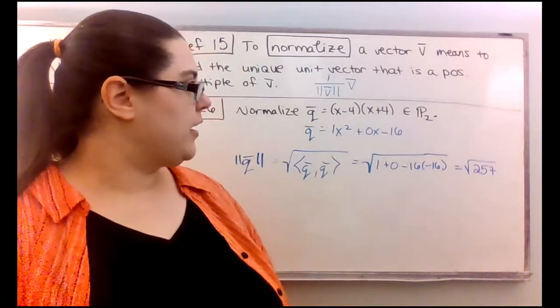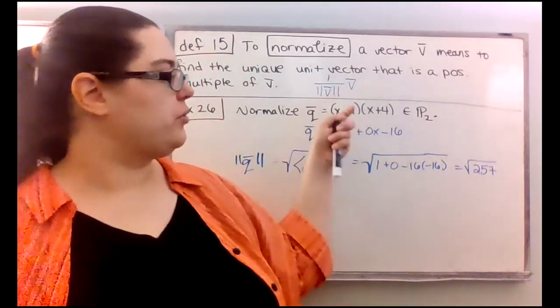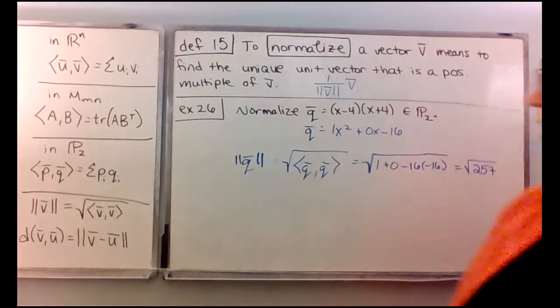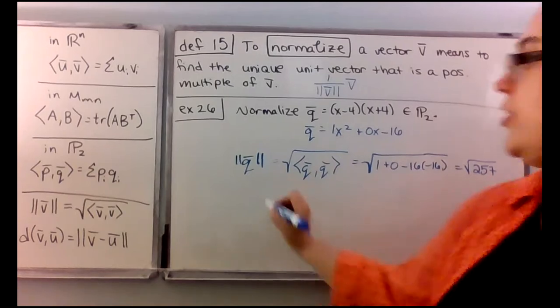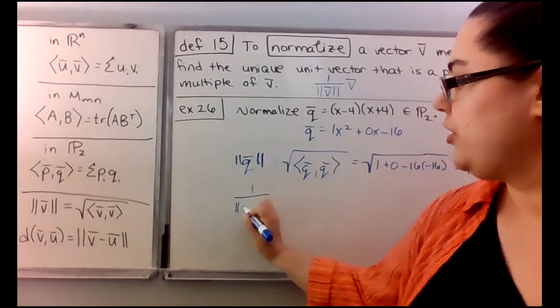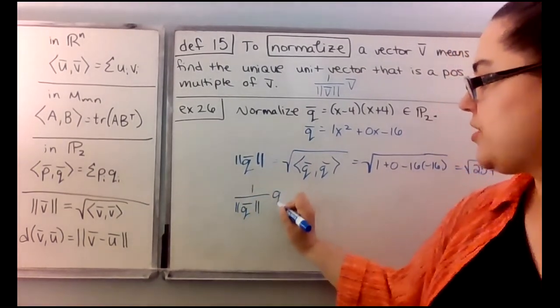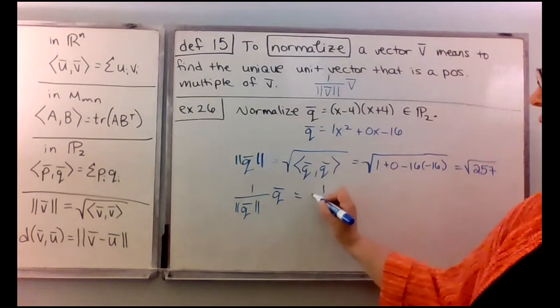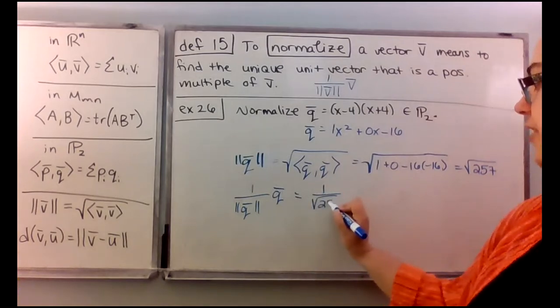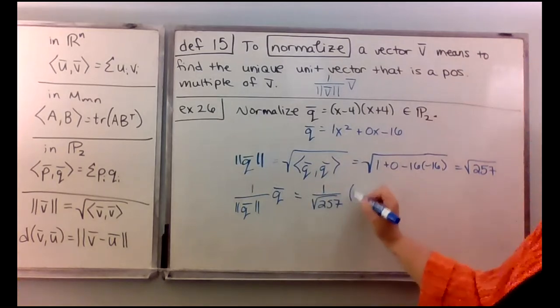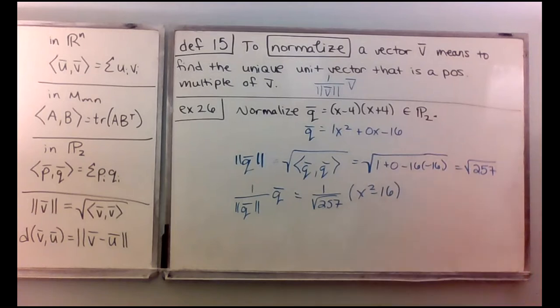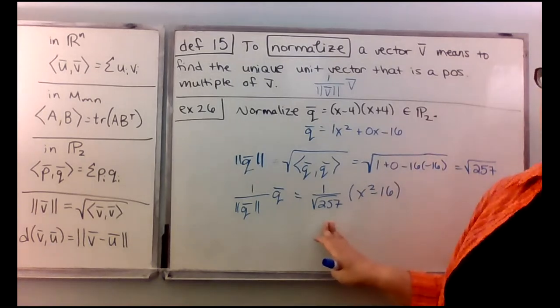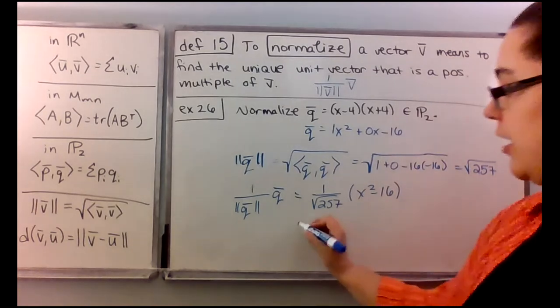And then now we'll normalize Q. To do that, we're going to take this definition of Q and divide it by this value. So we're going to do 1 over the norm of Q times Q. So 1 over root 257 times x squared minus 16. Now we don't want to have radicals in the denominator, so we have to rationalize the denominator.